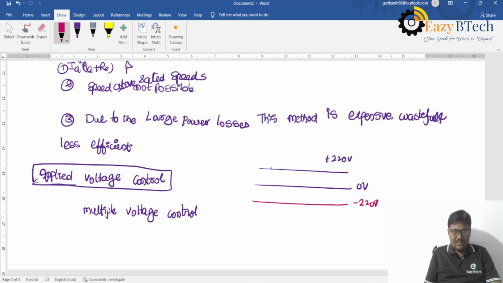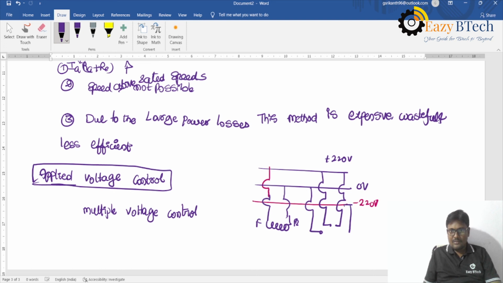So the first 220 is given to the field winding. This is F1 and F2, and this is 0 volts, and from this 220 also I am taking, and this 220 also, and this is from minus 220.